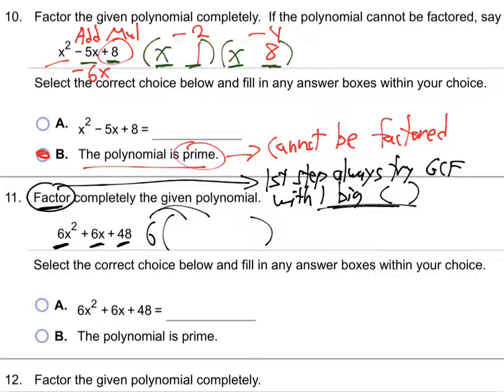And you just imagine that it's going to multiply to the 3 things on the inside, and you just figure out whatever works. That's the first step. And then after that, you try to do these other fancy things we've been looking at, like double-double or 2 parentheses with the numbers that add and multiply. But the first step is to take out what's in common.